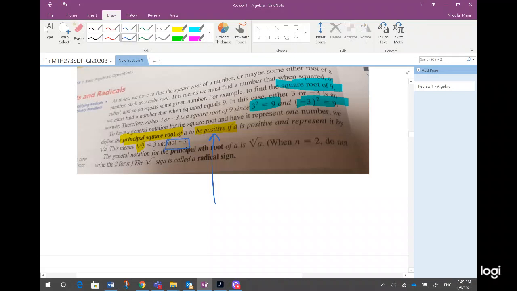But when I say what is the square root of 9, you can say plus minus 3. What is the square root of 16? Plus minus 4. But when I show you this symbol, the answer is just positive, not plus minus. That's a common mistake which I see sometimes.